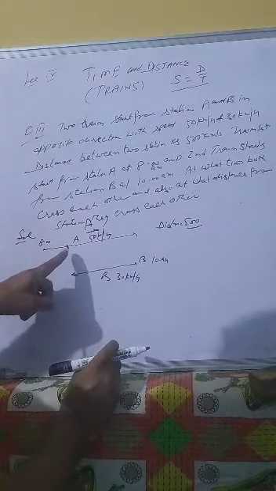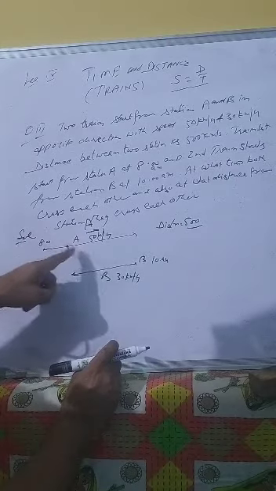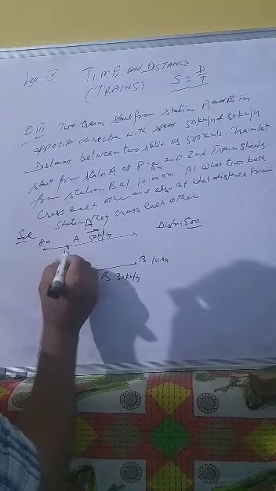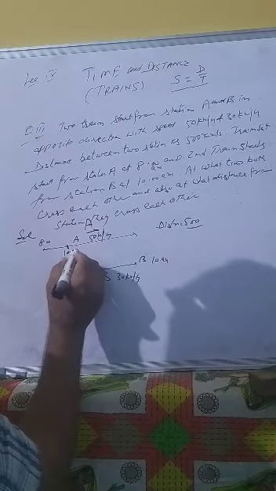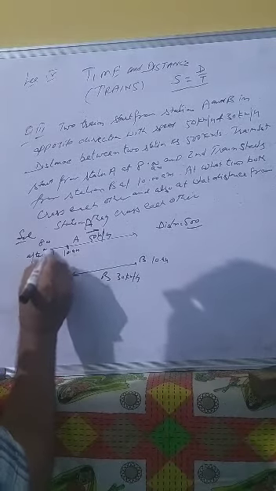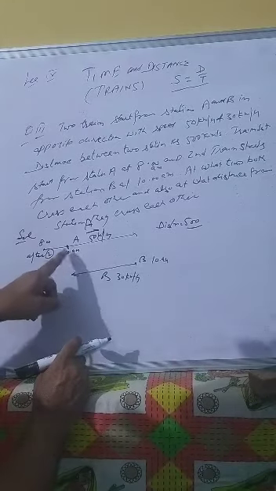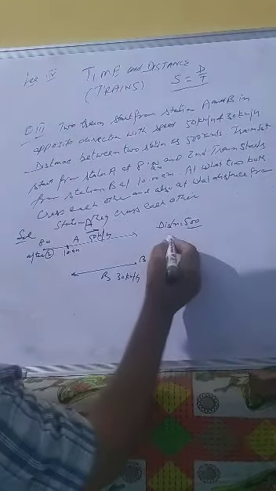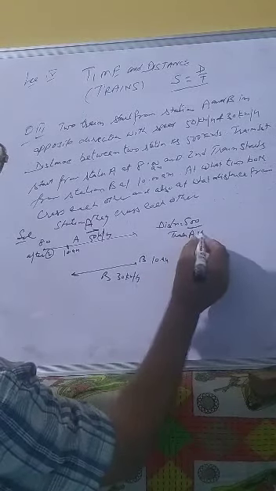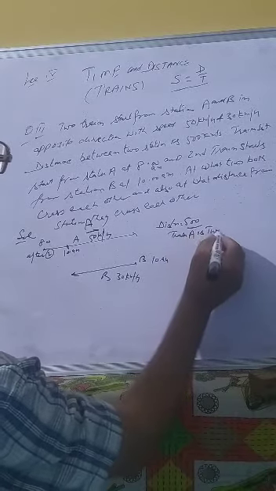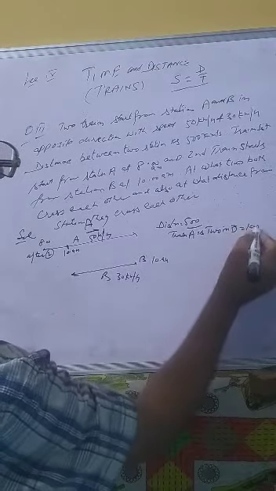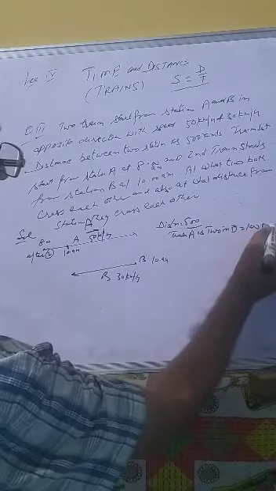Train A in 2 hours covers a distance of 100 kilometers and reaches here at 10 a.m. After 2 hours, the covered distance is 100 kilometers.